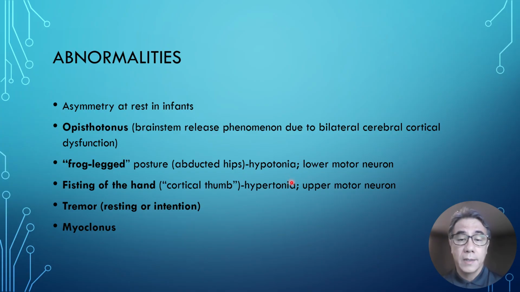Usually it's generalized, and that's a lower motor neuron disorder. Whereas opisthotonus is a brainstem release phenomenon due to bilateral cerebral cortical dysfunction, often seen in patients with spastic type cerebral palsy.